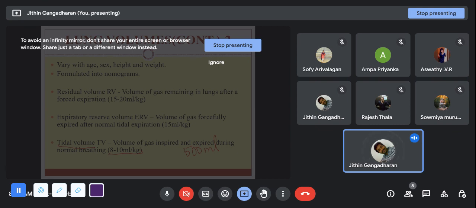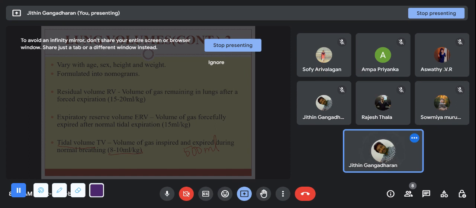So what is expiratory reserve volume? After a normal expiration, the amount of air that you can forcefully expire from your lungs is the expiratory reserve volume.